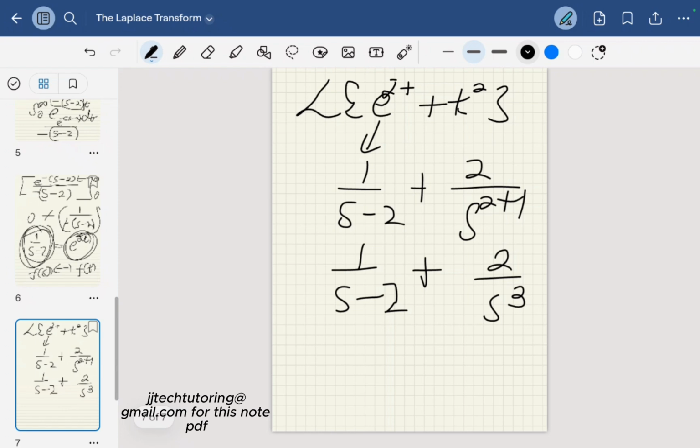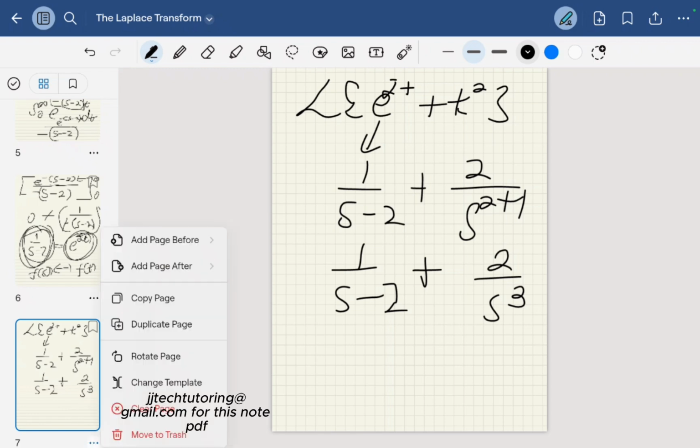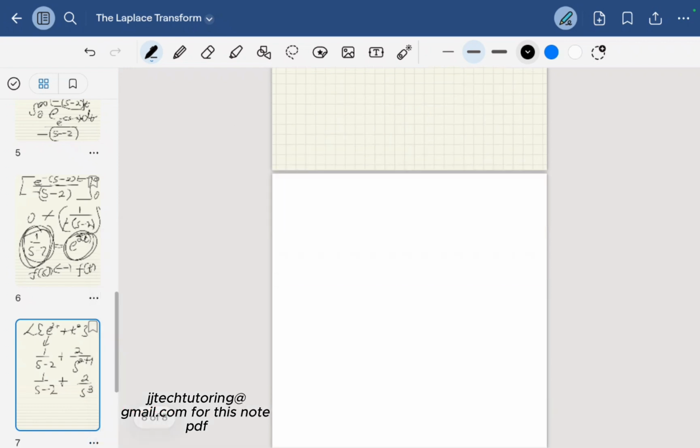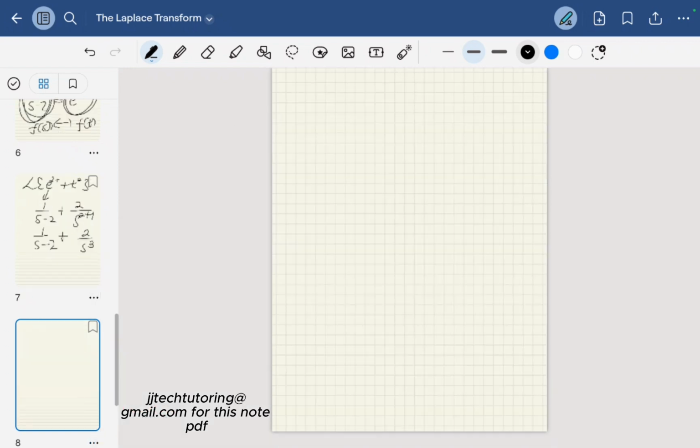Because per table, we actually have to prove that sine at is equal to a divided by s squared plus a squared, right? Because at the University of Johannesburg, that's where I'm studying, they actually want you to prove that table, right? So I'm just giving you a highlight of how the next session will be, right?